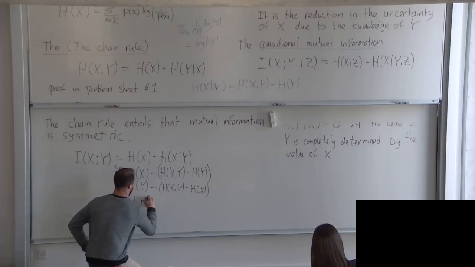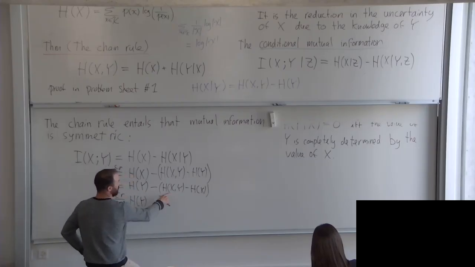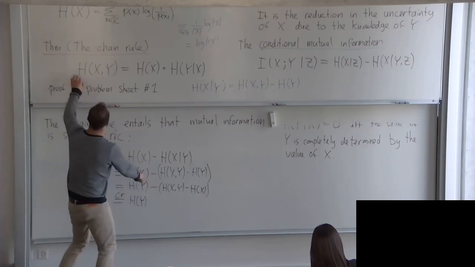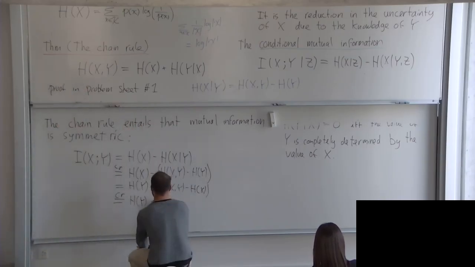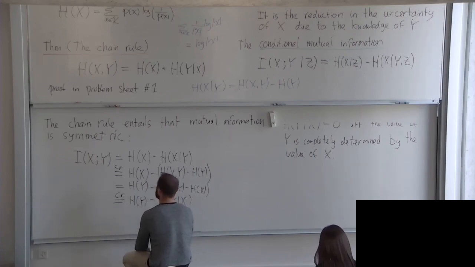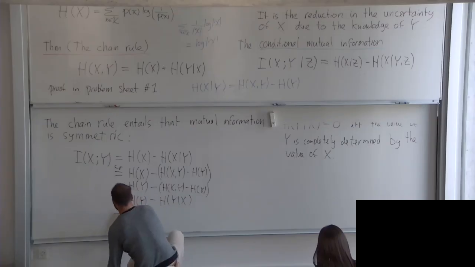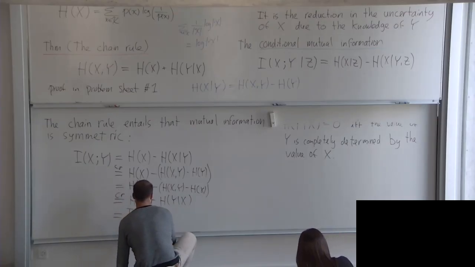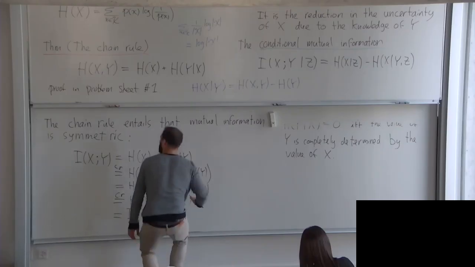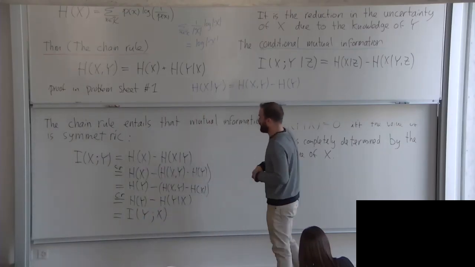H of y. And here I can directly use that equation, minus h of y given x, and that would be the mutual information between y and x.